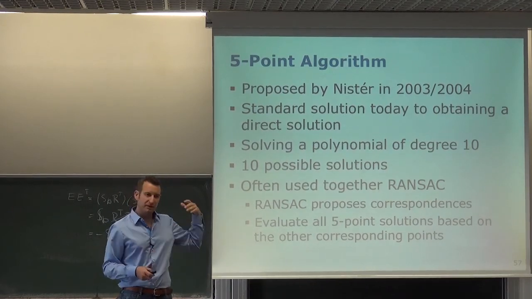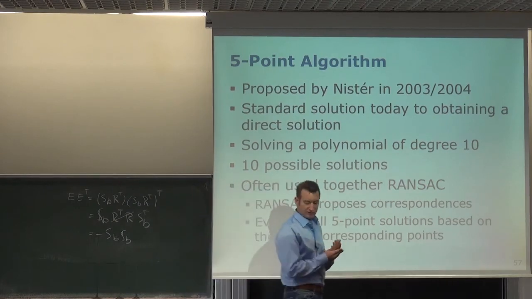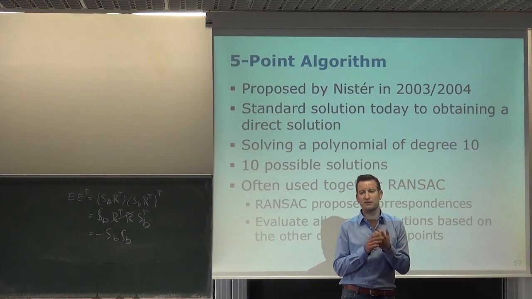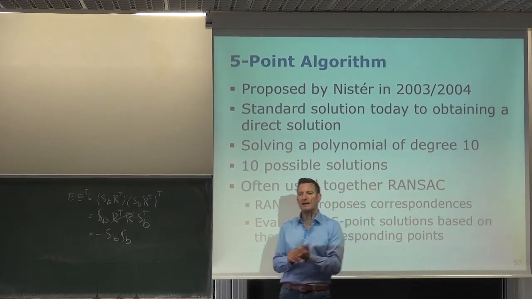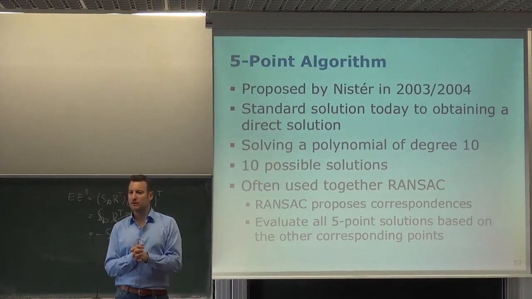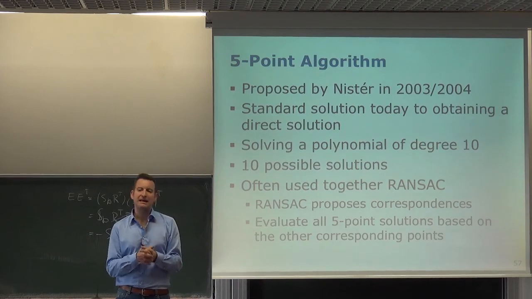But the important thing why this approach has been so successful is that you can use it in combination with outlier handling, if you have potential outliers in your corresponding points. Let's say I give you 7 or 8 corresponding points, but there's a high likelihood that one of the points is an outlier.